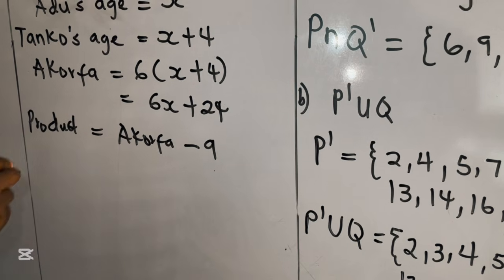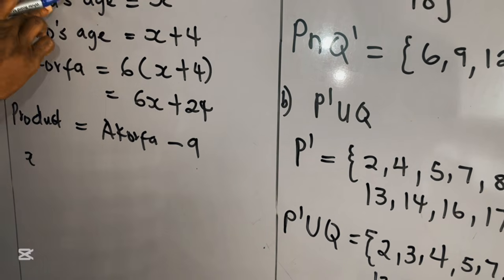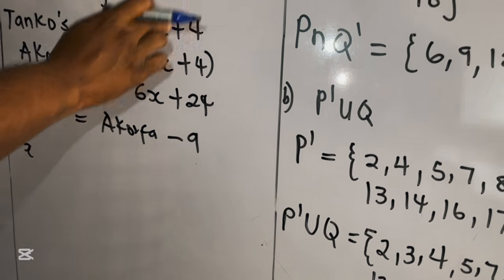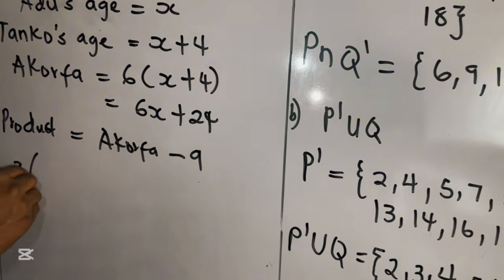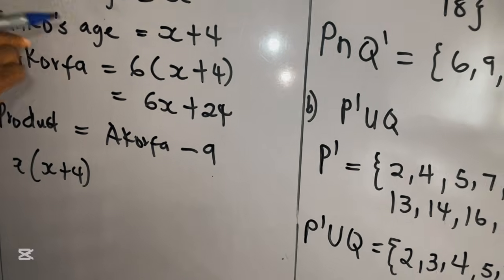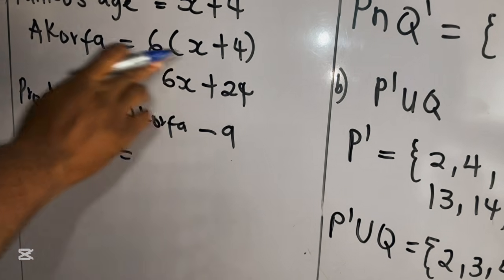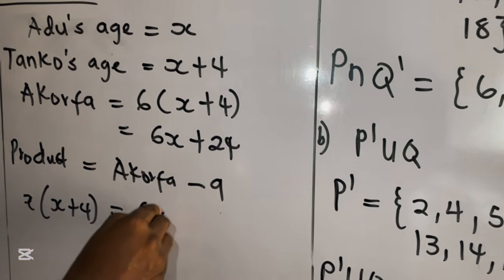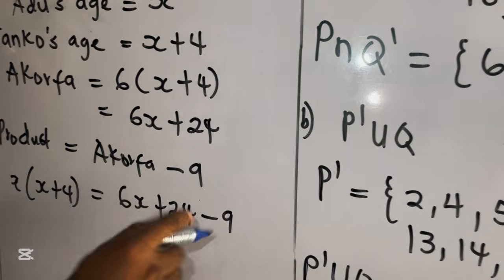So in this case now we have the product of Adu and Tanko. That means X times X plus 4. So we have X in bracket X plus 4. That is, the product of Adu and Tanko is equal to Okafor's age, which is 6X plus 24 minus the 9, since it is 9 less.